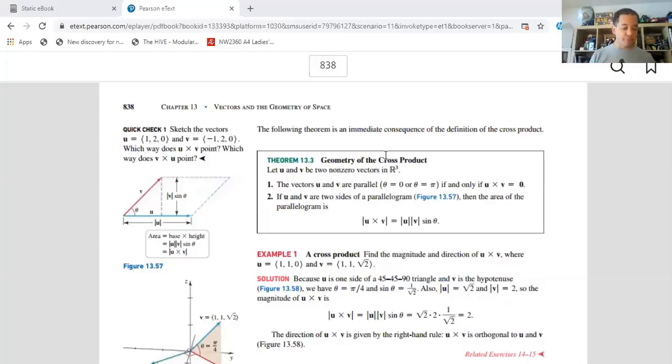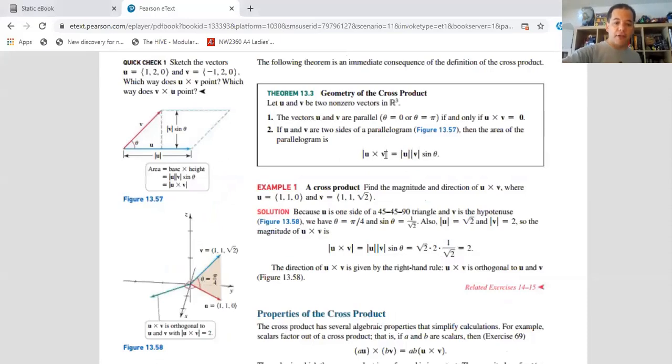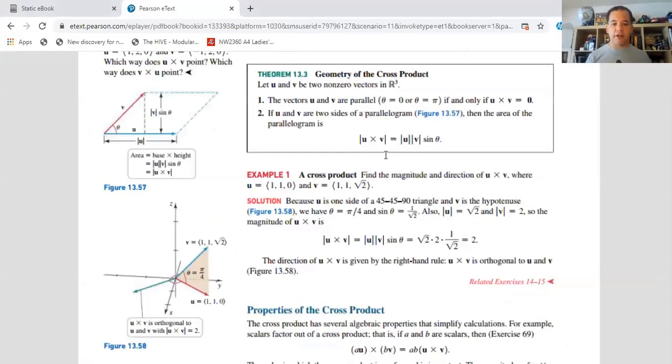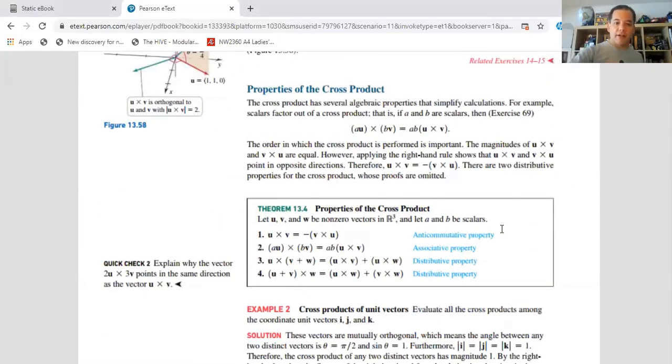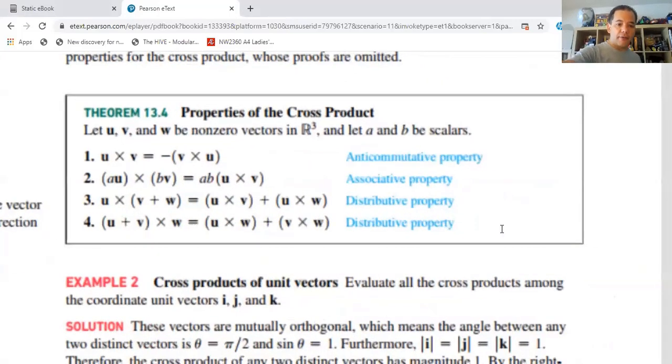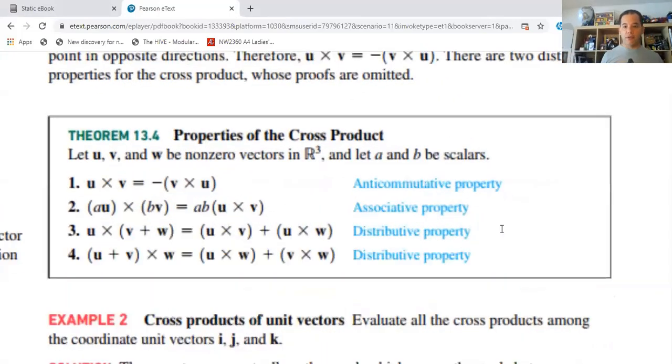So we need to find better ways, and those better ways have to do with knowing some specific properties. Thanks to these properties, we're going to simplify considerably the way we can find the cross product. So here are the properties that are going to be important here.